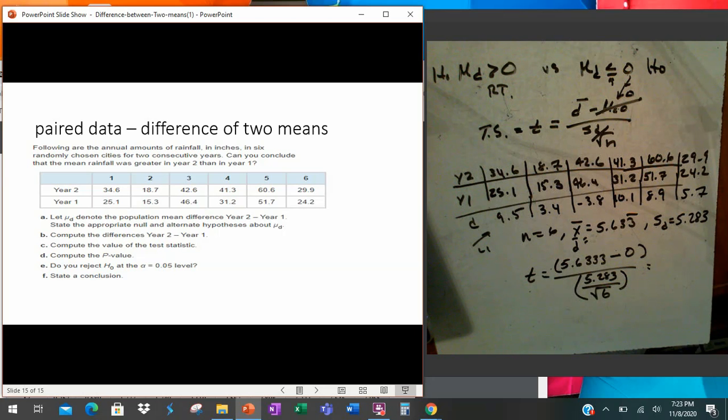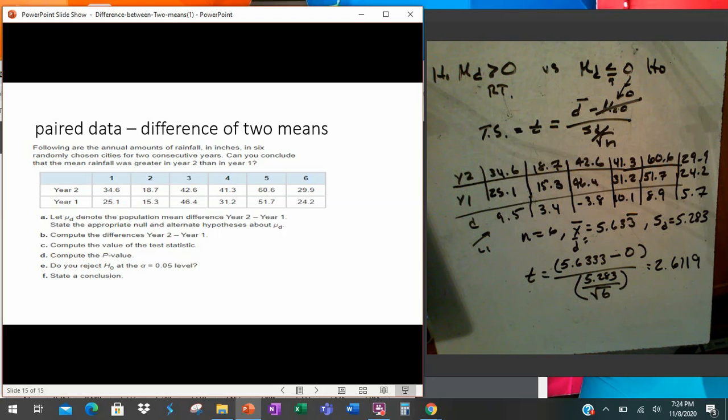Divided by 5.283 divided by the square root of 6, and I get 2.6119, but I'm going to stop at the 4. Okay, so that's the value of our test statistic.